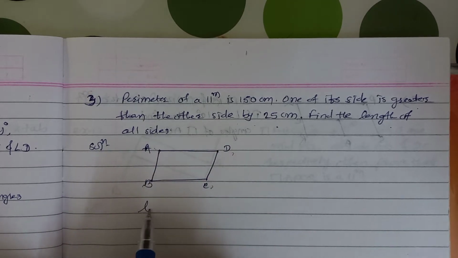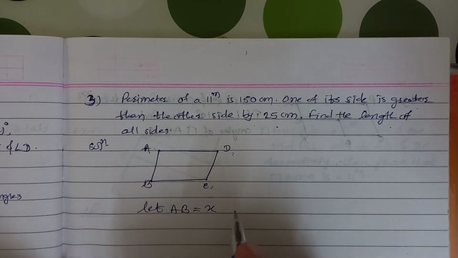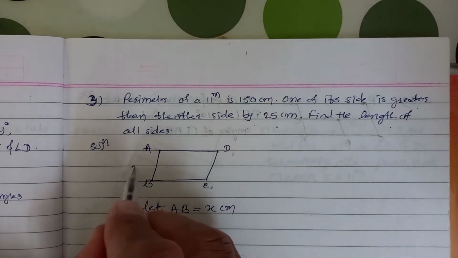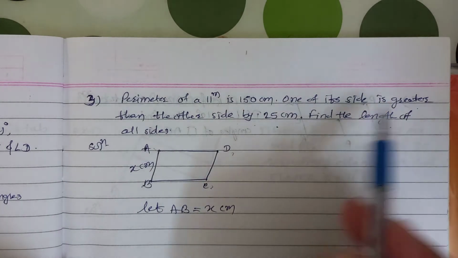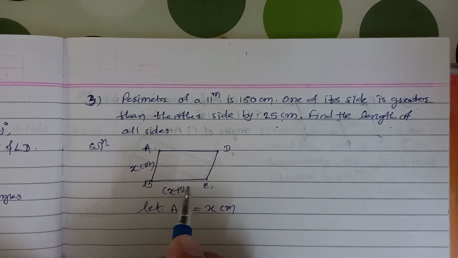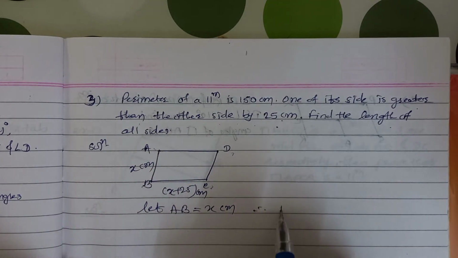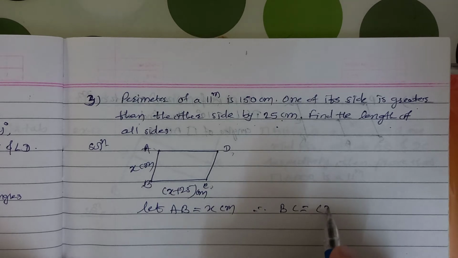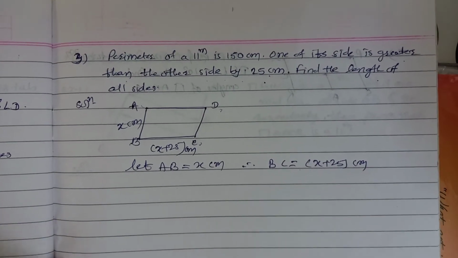So first you have to assume, let's suppose you assume this one AB is x centimeter, the smaller side. Okay, so we know this is what? Greater than 25 means it is x plus 25 centimeter. Therefore here you can say BC is equal to x plus 25 centimeter, by the given condition.